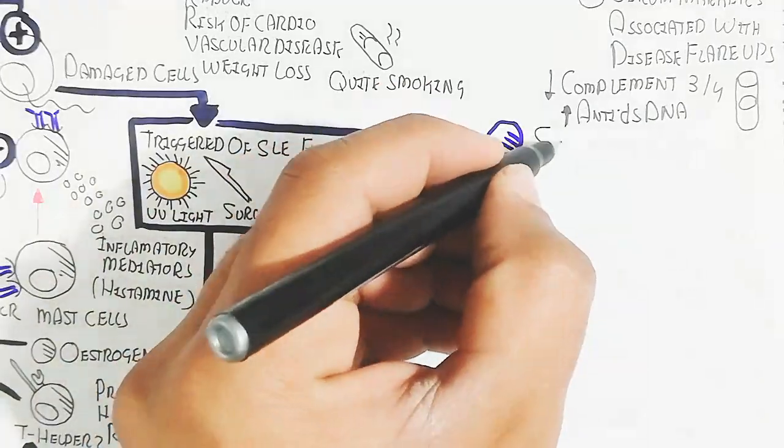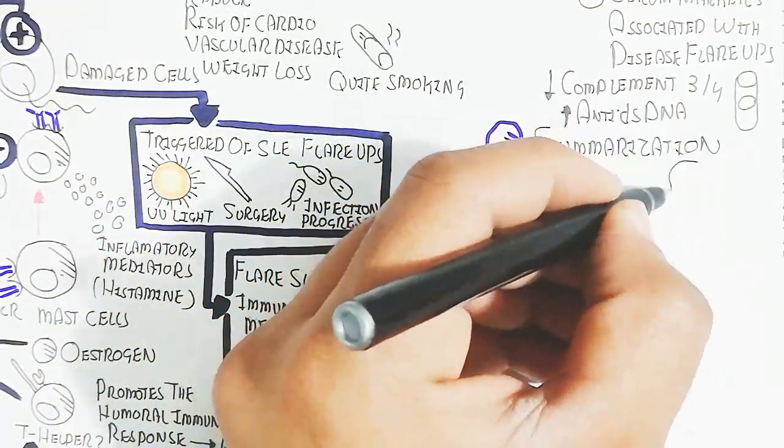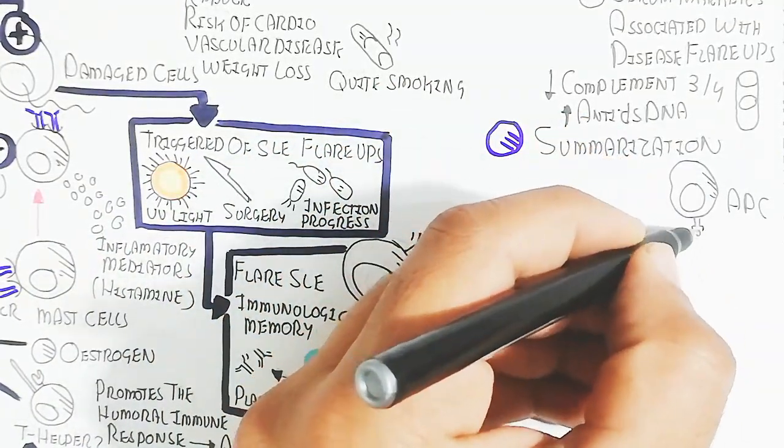Let's begin to understand the summarization, and how to inhibit through a drug.